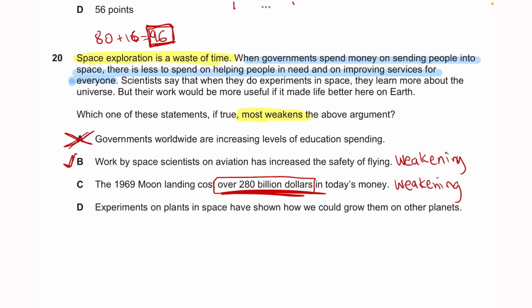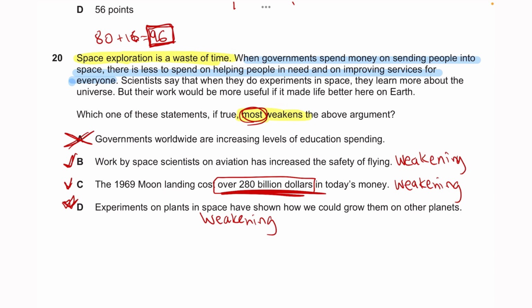And so C could be a possibility, but remember, we need to find something that most weakens. And then we've got D, experiments on plants in space have shown how we could grow them on other planets. This is also a weakening point as well. But remember, boys and girls, we need to find out which one most weakens it.